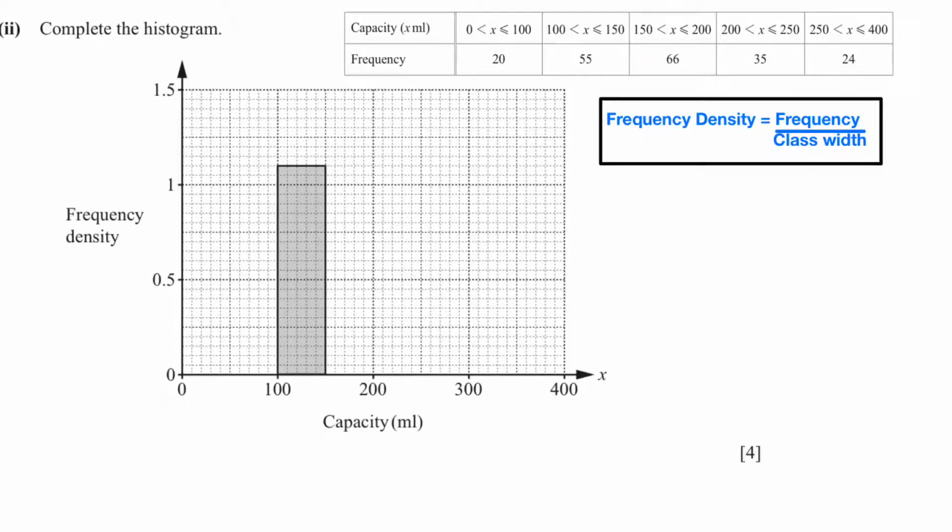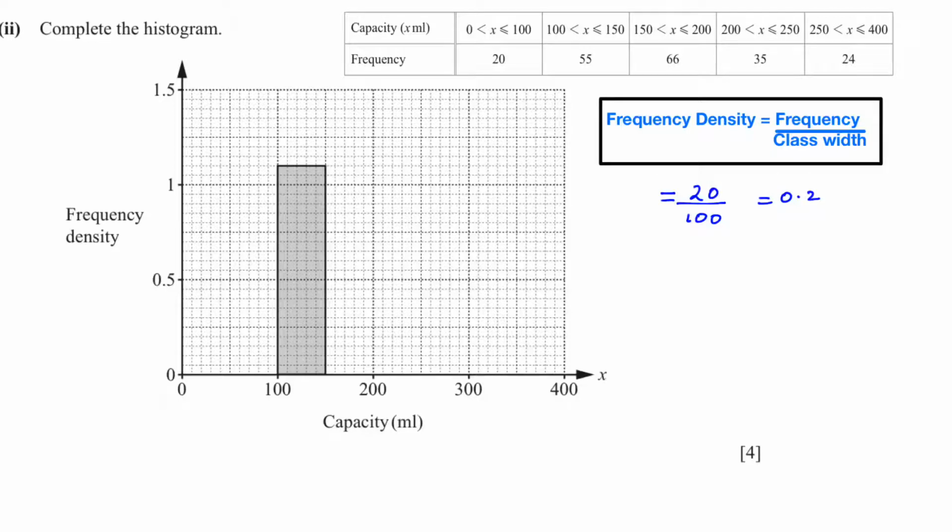So let's start finding the frequency density. The first has not been given to us. The second bar has been drawn. So to find the first bar, frequency is 20 and the class width is 100. So 0.2.